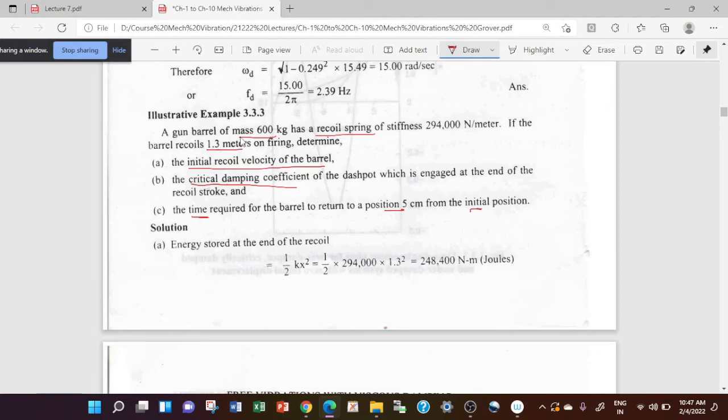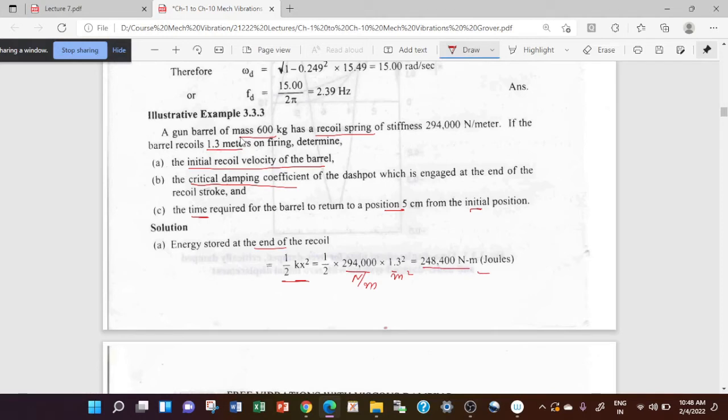For the first point, the energy stored in the spring is half k x squared. You can write k equal to 2,94,000 and x equal to 1.3. This is in Newton per meter and this is in meter squared. It becomes 2,48,400 Newton meter or joule.